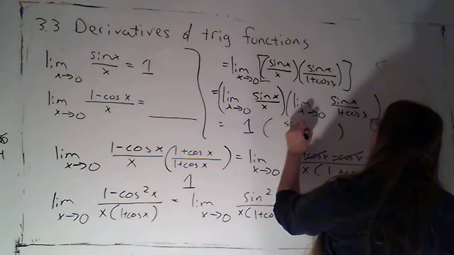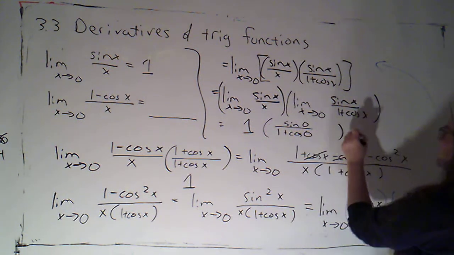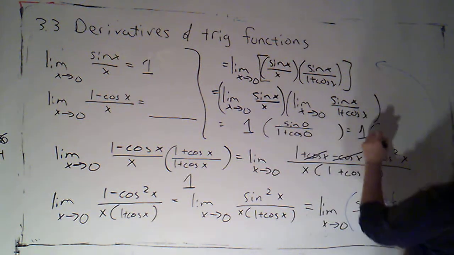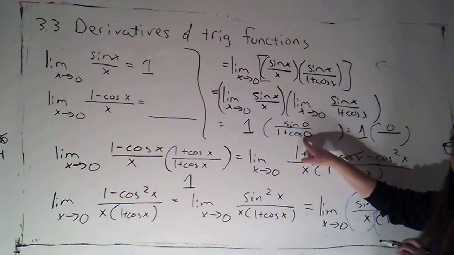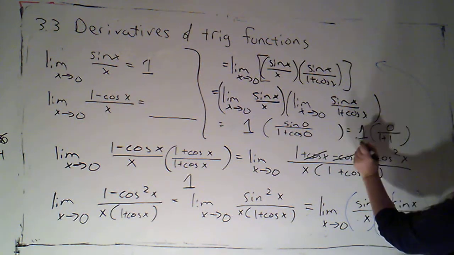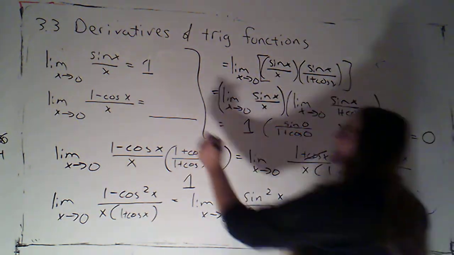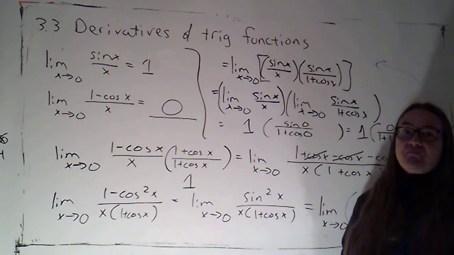I'm going to get sine of 0 over 1 plus cosine of 0. So this is 1, that's that first factor, times sine of 0, which is 0, over 1 plus cosine of 0, which is 1. But 1 times 0 is just 0. So this limit is 0.